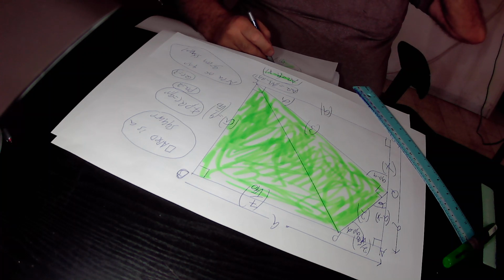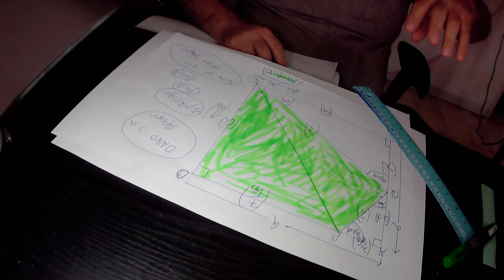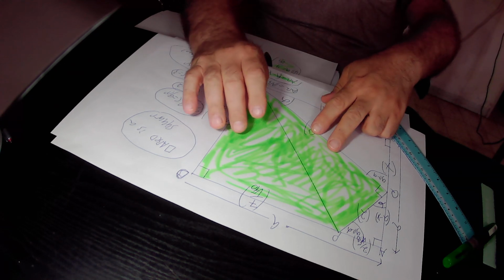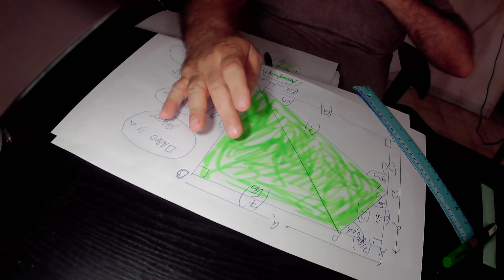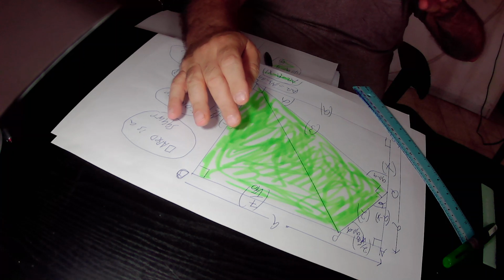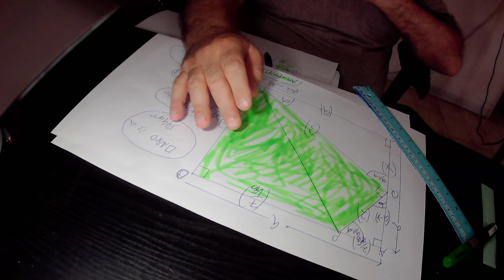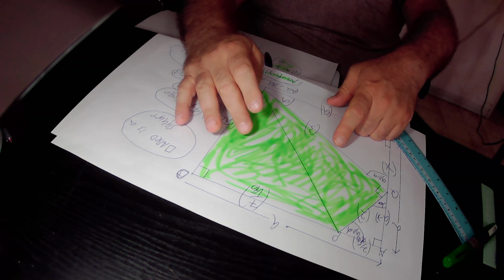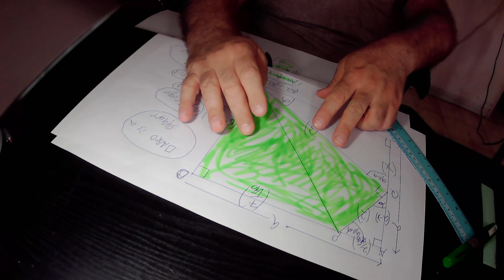So actually, the green shape consists of those two components, the right triangle PDC and the right triangle PQC. And therefore, the area of this green shape must be equal to the sum of the areas of those two right triangles, because it consists of those two right triangles.